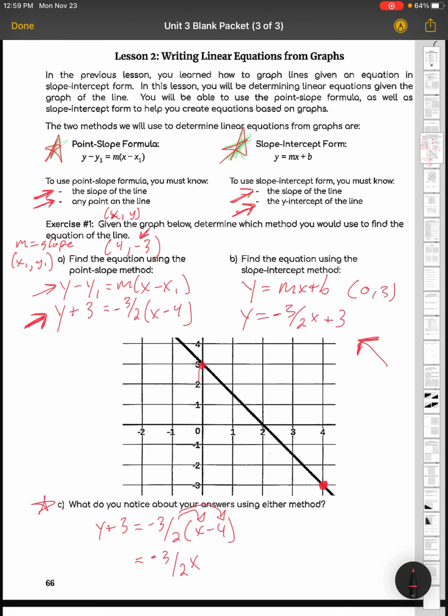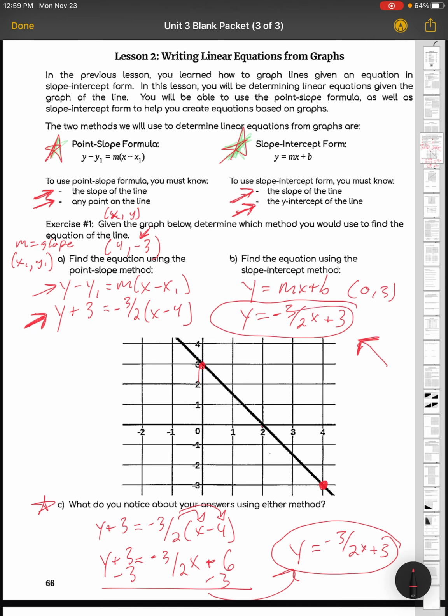And then if we multiply through, we get plus 6. We have y plus 3 here. So then let's subtract 3. And now look what happens. y equals -3/2x plus 3. So after we distribute, we get the same exact thing for both. So the point-slope method and the slope-intercept method both do the same exact thing.